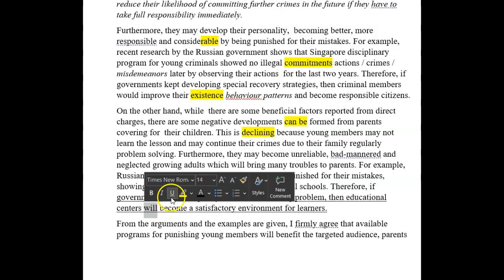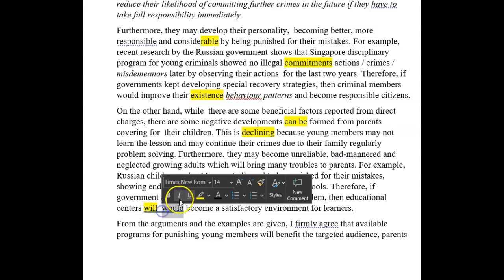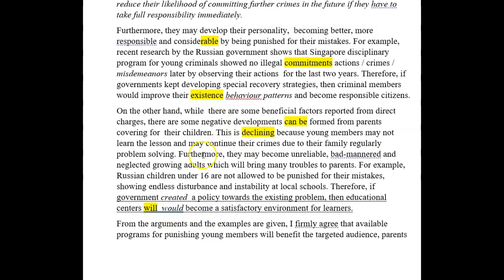Just simply change those, so you have would instead of will, become a satisfactory environment for learning. So do a second conditional here. If parents covered for their children, they would become unreliable. You don't have to have it at the end. Put it in the middle maybe to mix it up.